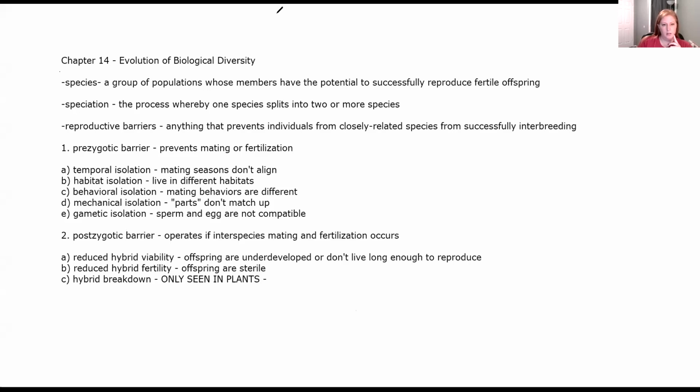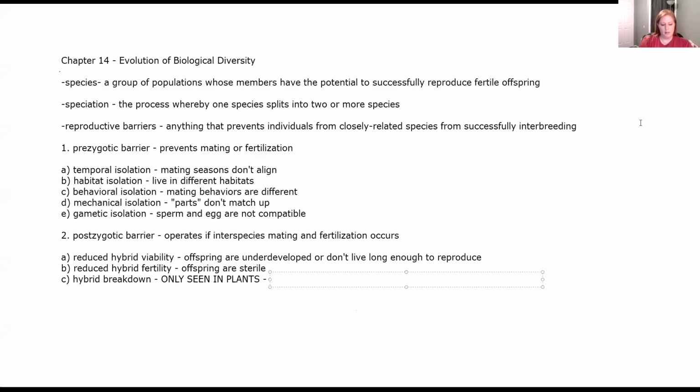Okay, so it's talking about hybrid breakdown, and this is only seen in plants. And the reason for that is just because animals are too complex to have the type of genetic change happen that is required for hybrid breakdown.